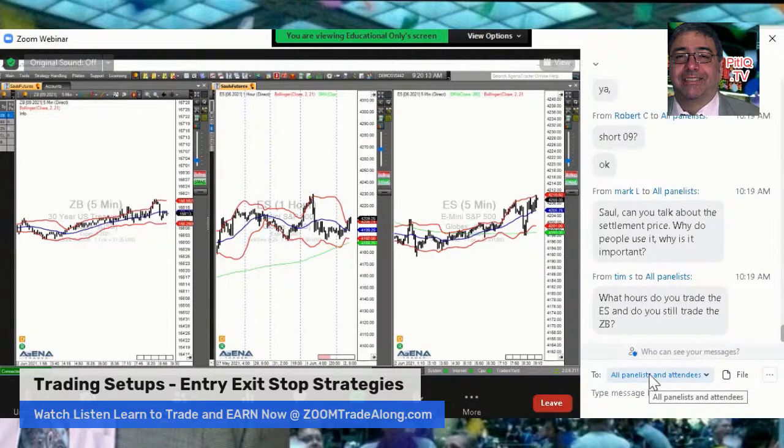Obviously, it's the previous day's level, and becomes a level that you have to consider, because if the market trades away from it, you would have to figure that some people got long or short based on the settlement price, because their statement is going to be tied to the settlement price, right?